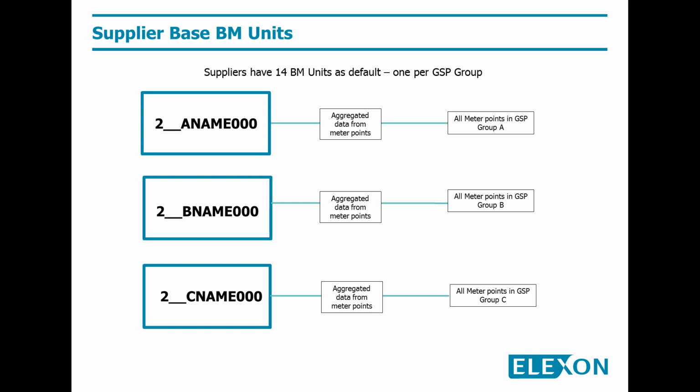That's any customers that you supply as a supplier in the London region. Again, we only receive information at BMU level. So whether you have 10 customers or 100,000 customers in one particular GSP group, we will only see the aggregated data of all those meter points that you have.